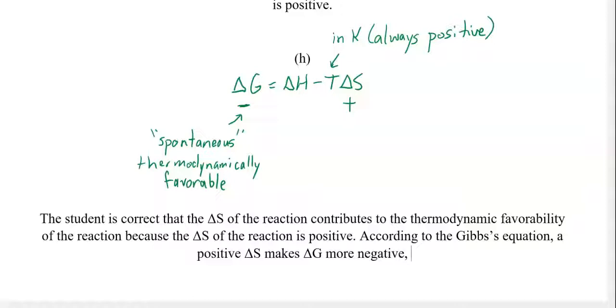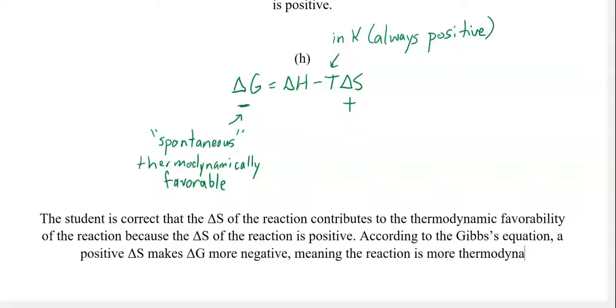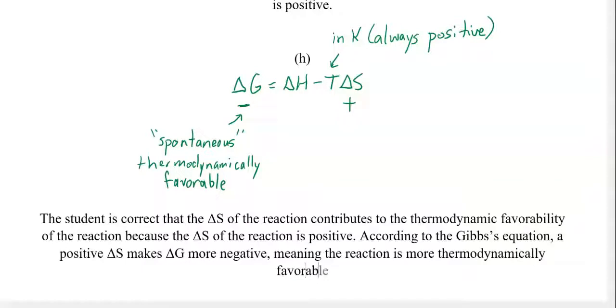meaning the reaction is more thermodynamically favorable. So in general, we say that a positive delta S is favorable. Again, that in and of itself does not guarantee that the overall process is favorable, but it contributes to it being favorable.